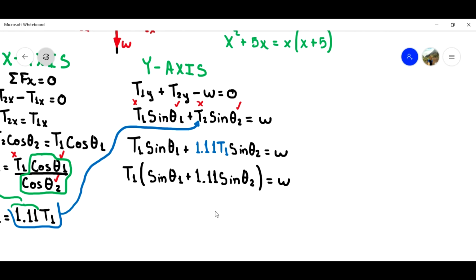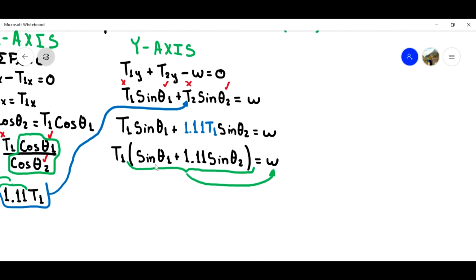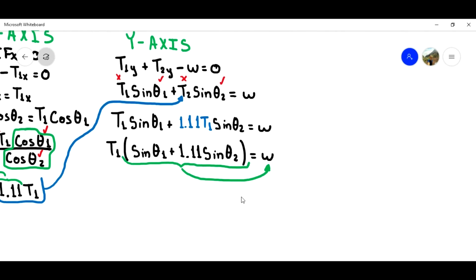And then all this factor that is inside of parentheses, if you see, is multiplying the tension 1. So I'm going to move that factor to the other side, dividing. Okay, I repeat, I'm going to move this whole factor because it's multiplying tension 1, and it's going to be dividing.